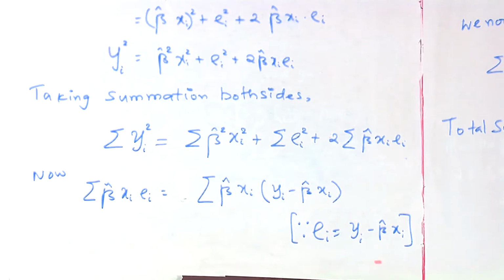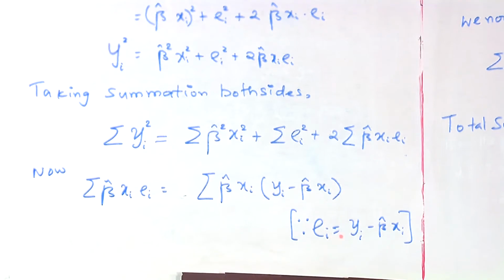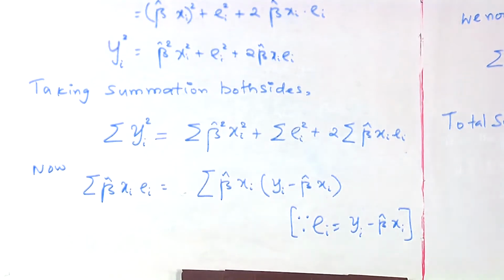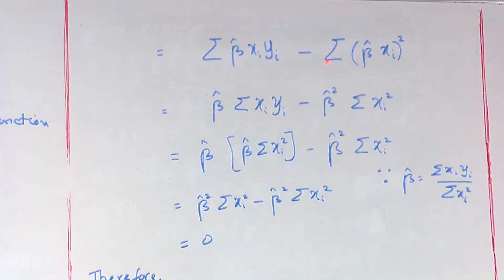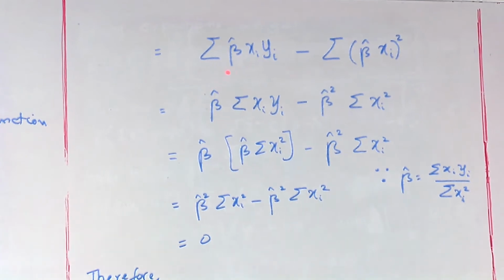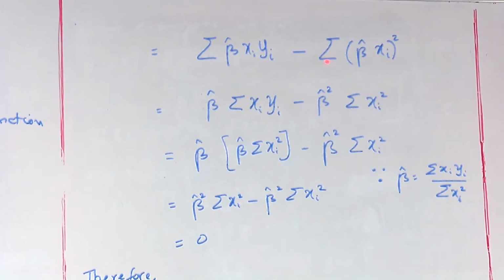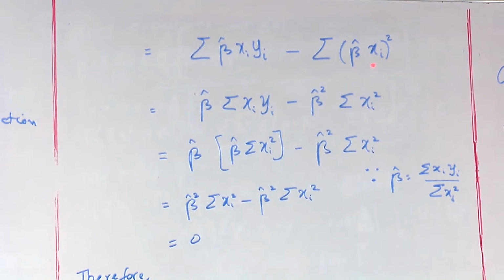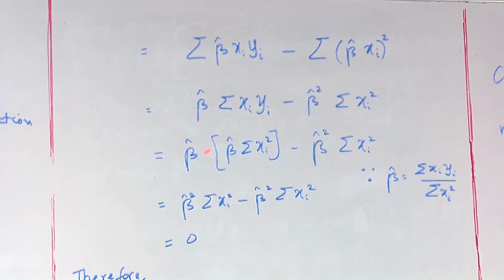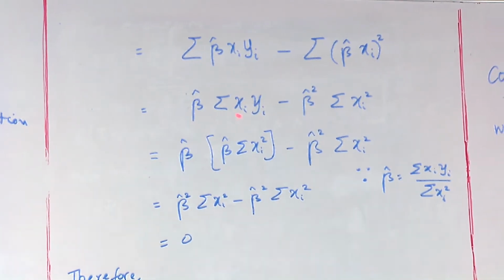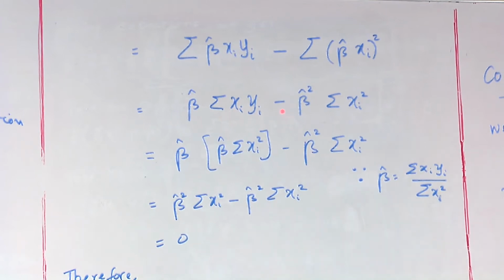This is taken from the deviation form of the SRF, the sample regression function. Further, it is reduced to sigma beta hat xi yi minus sigma beta hat xi the whole square. Now the beta hat may be taken outside: beta hat sigma xi yi minus beta hat square sigma xi square.